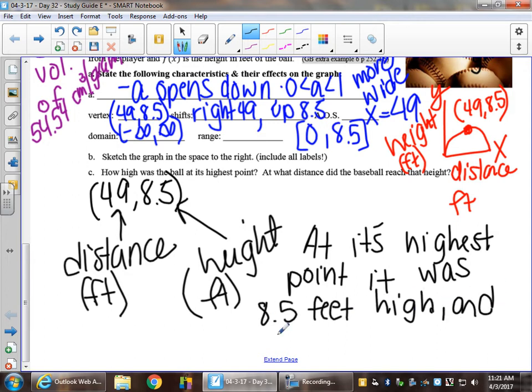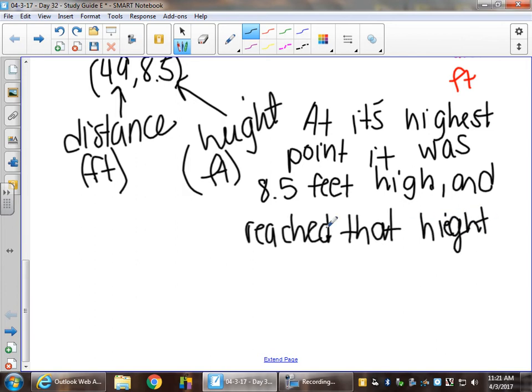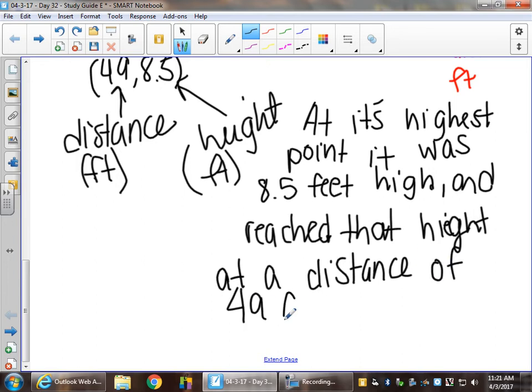And it reached that height at a distance of 49 feet. Good job. You walked me through it.